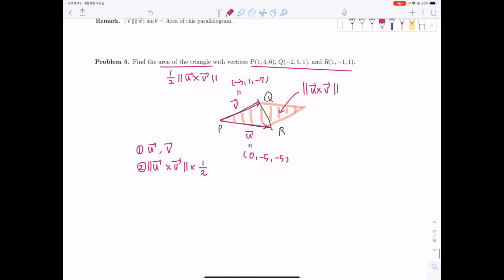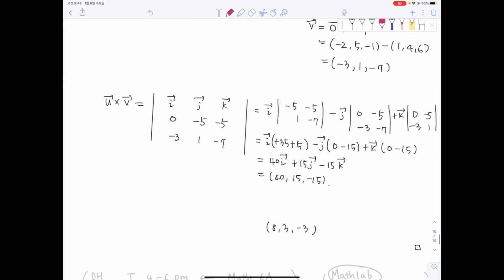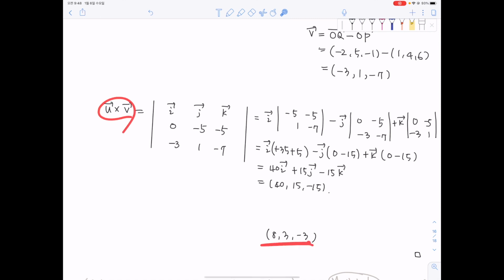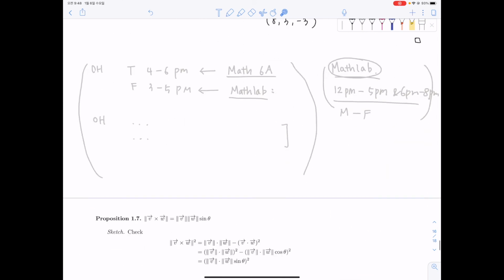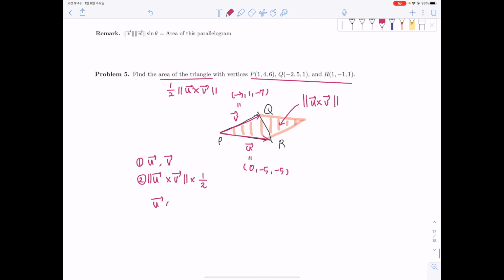Did we calculate the cross product here? Okay, cool. We calculated the cross product here. It was 8, 3, -3.